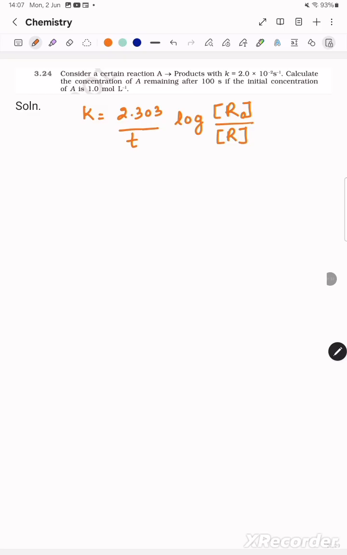Now we will put all the variables in the formula. Here 2 multiplied by 10 to the power minus 2 is equal to 2.303 divided by 100 seconds times log of initial reactant, that is 1 mole, upon the reactant at any time t.